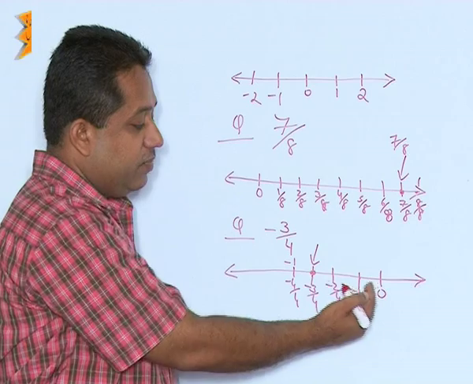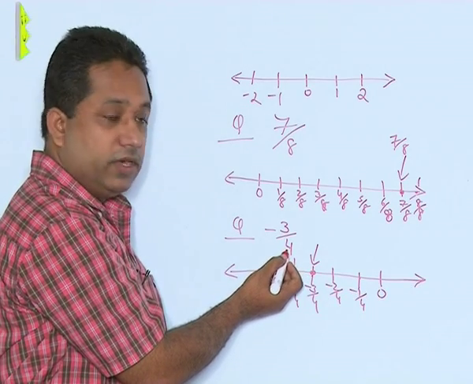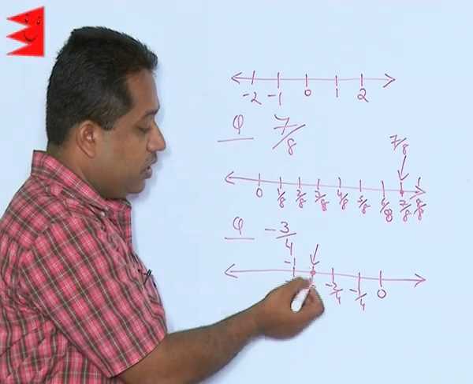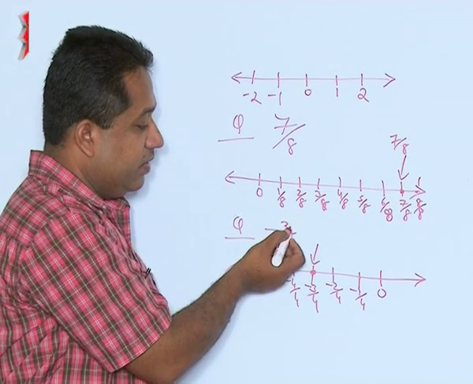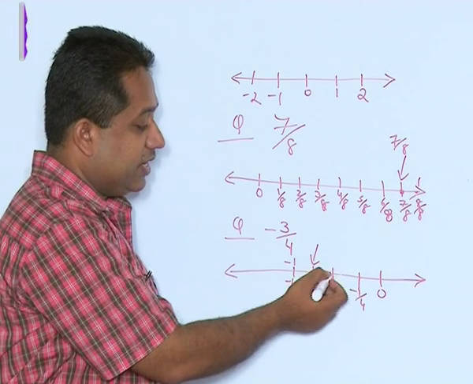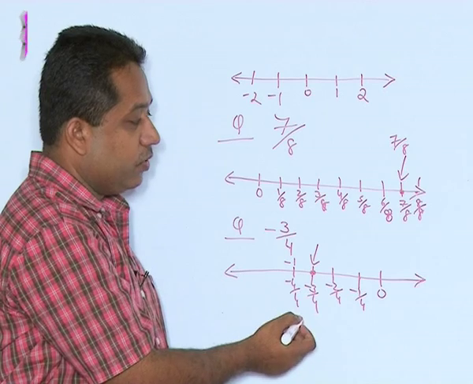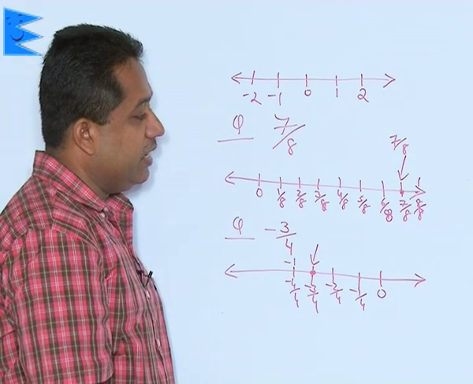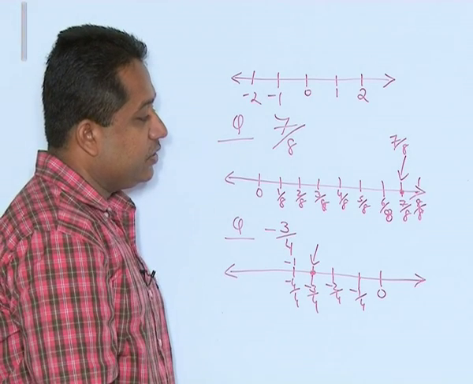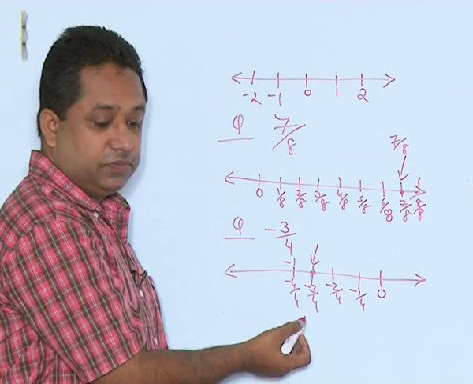That is, from here we have to divide into 4 portions. Look at the denominator is 4. So, 1, 2, 3, 4 divisions we have divided. The numerator was negative 3. So, that means the first, second and third point is marked here, that indicates negative 3 by 4. So, the procedure for finding the rational numbers for number lines for positive and negative numbers are like this.